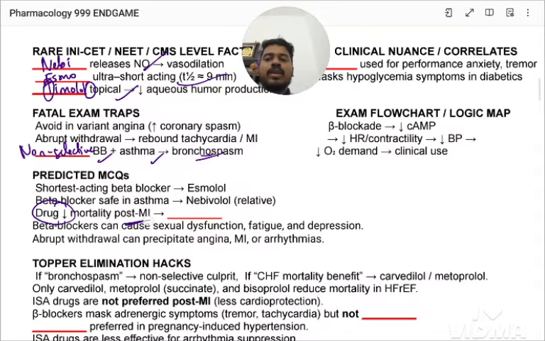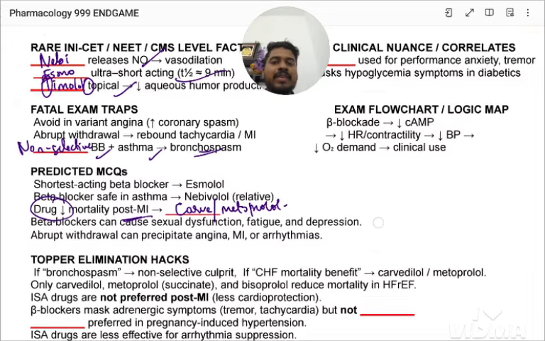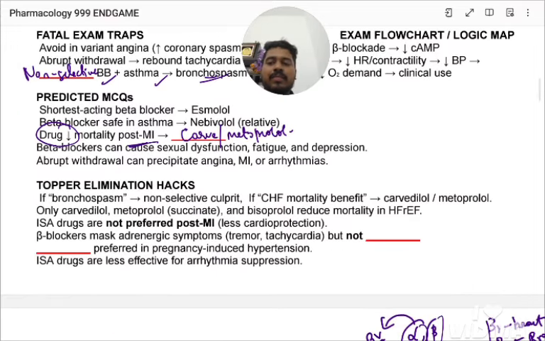Drugs which decrease mortality post MI are 2 drugs as told, carvedilol and metoprolol. And one more in reduced ejection fraction heart failure, which one we use? That is bisoprolol. Beta blockers mask adrenergic symptoms, except one symptom which they don't mask, that is sweating. This is in case of hypoglycemia.